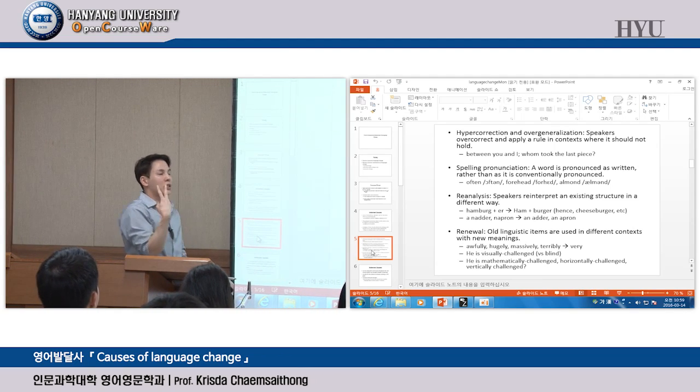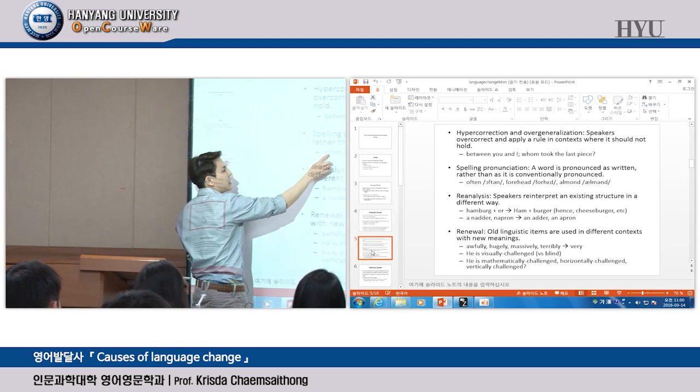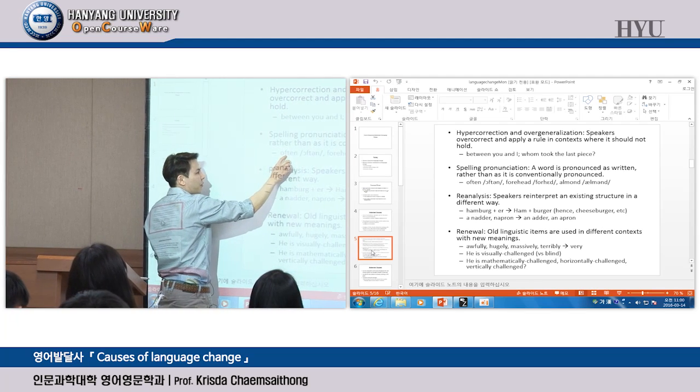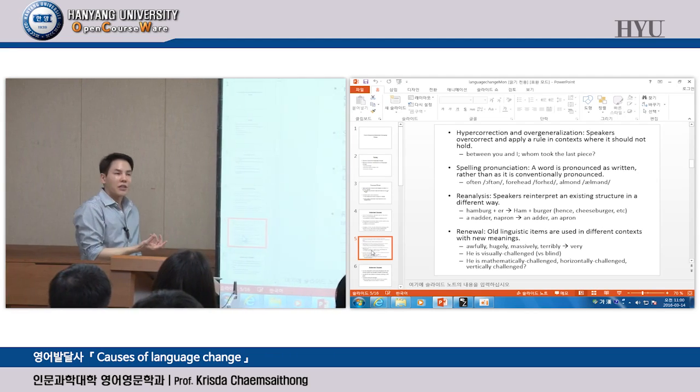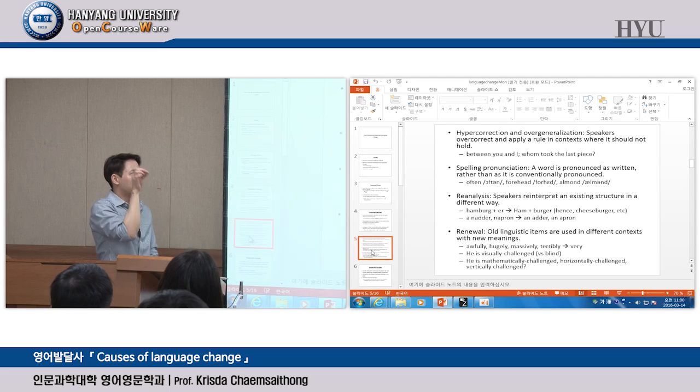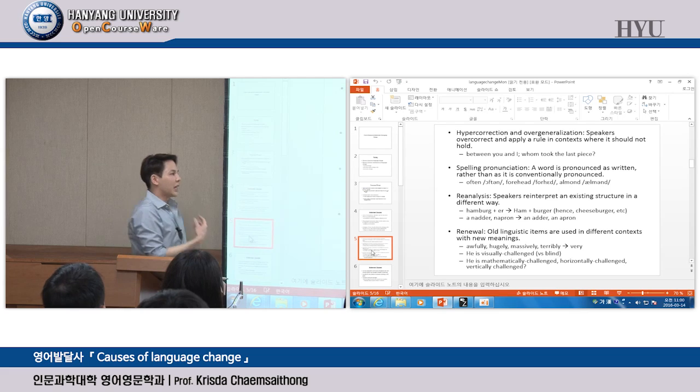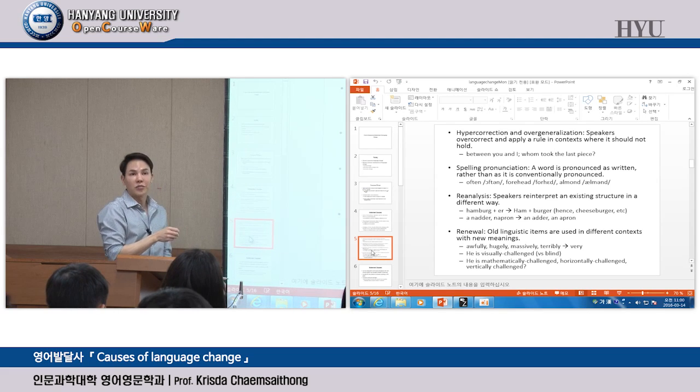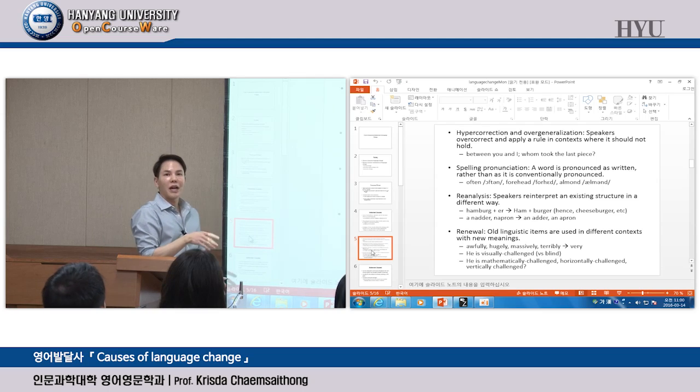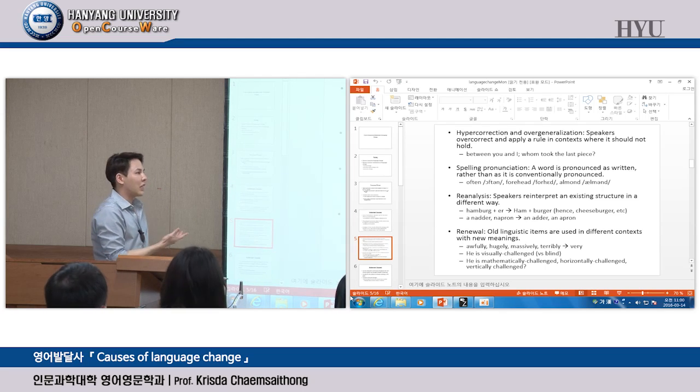Because there are two sounds that you see here, F and T, and for ease of articulation, people usually drop the T. But some people, because they see the T written down, pronounce it. So often has become one of the standard ways to say this word.